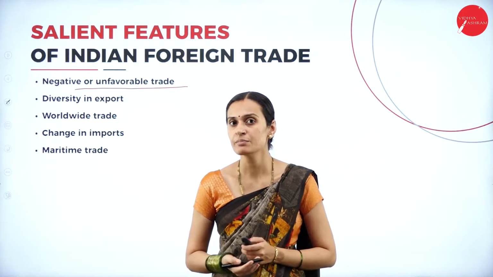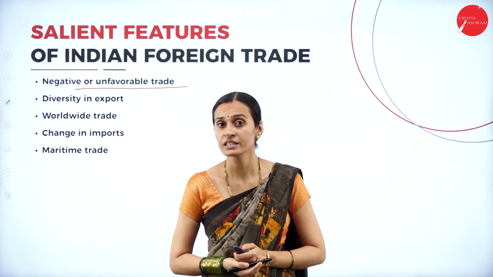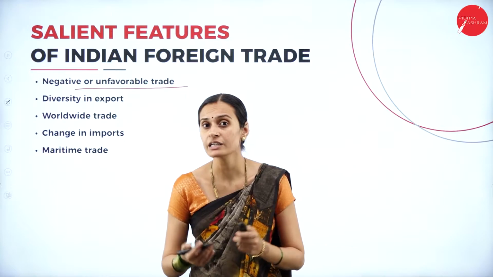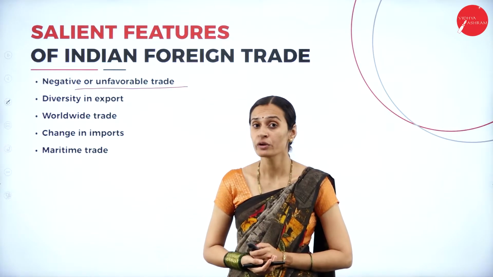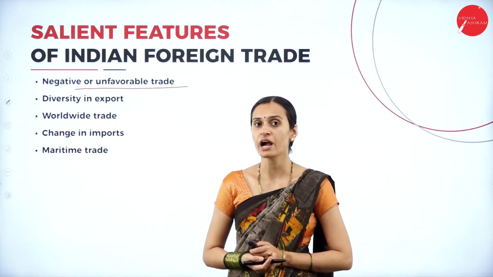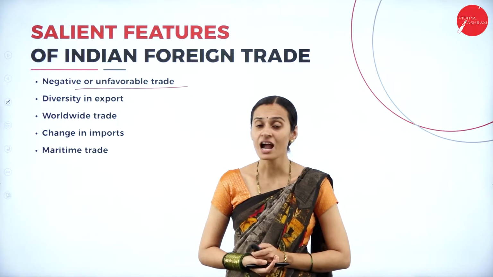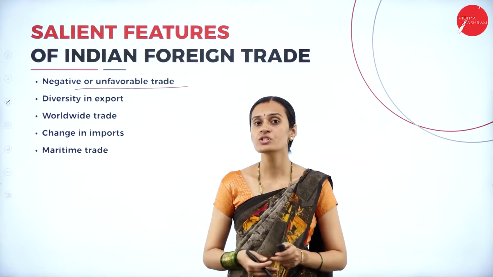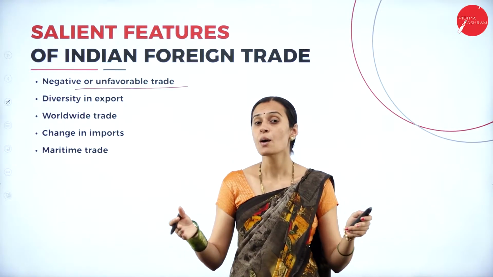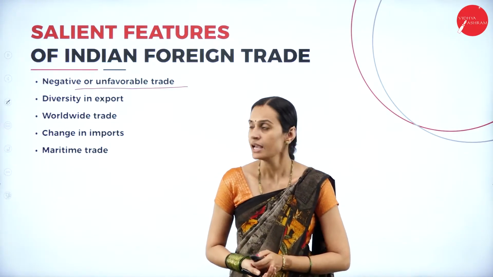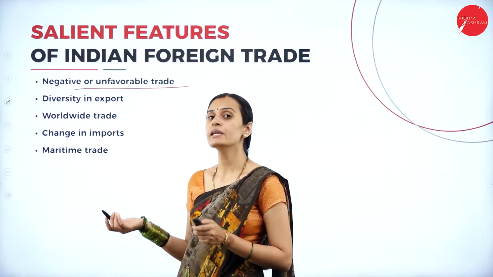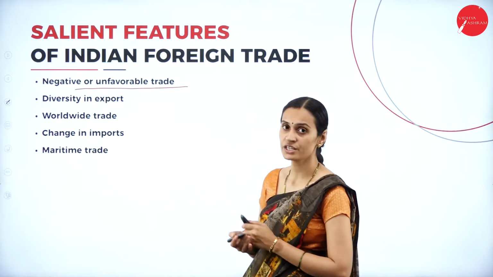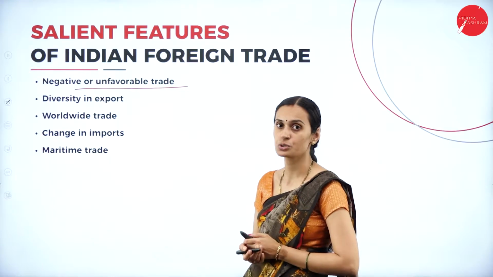Just after independence, we were depending on other countries for food and other essential items, and we were importing heavy machinery, agricultural equipment and mineral oils. Importing all these items led to a big gap in the balance of payments. Of course, it is negative and unfavorable trade in the foreign trade relationship.